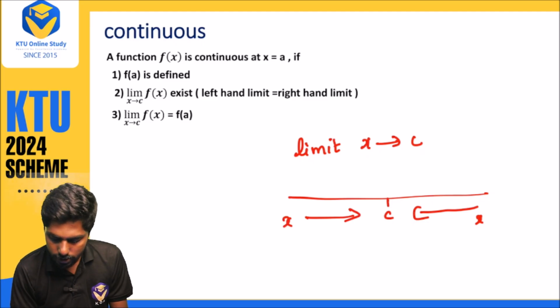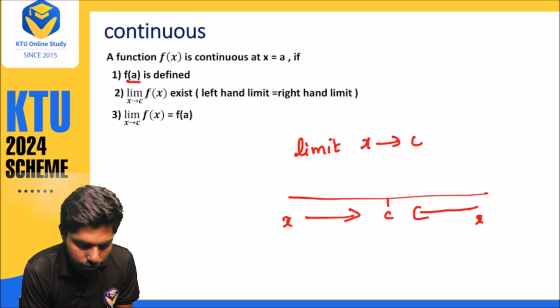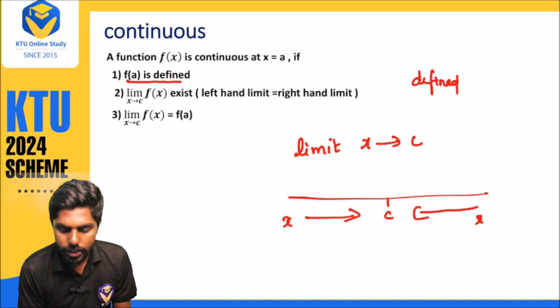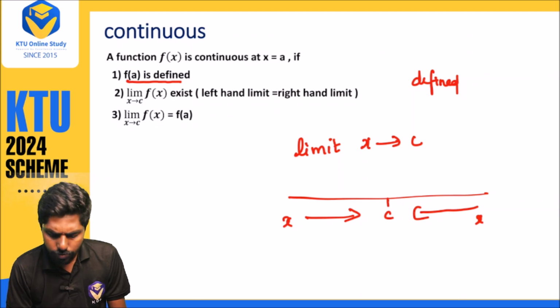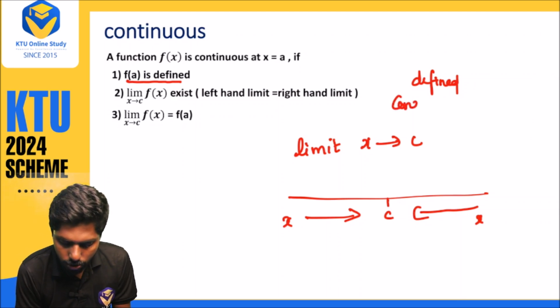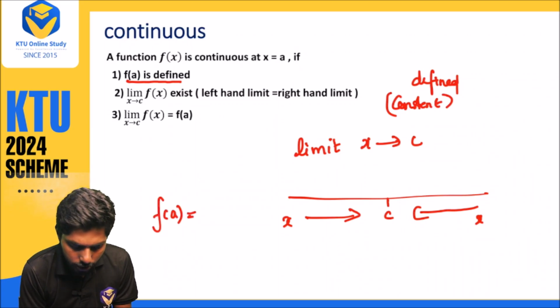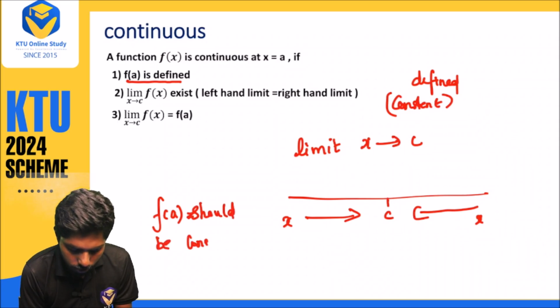The first condition is that f of a is defined. Defined means f of a should be a constant value. That is, whatever value you are finding here, f of a should be a constant value.